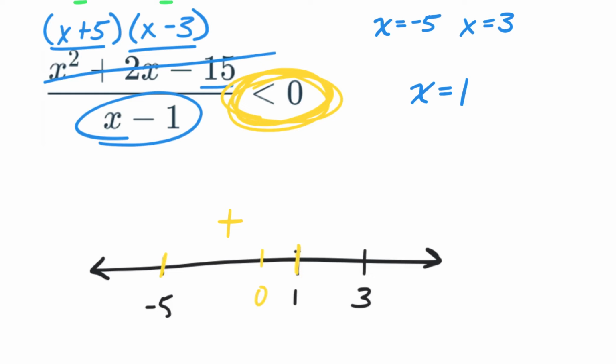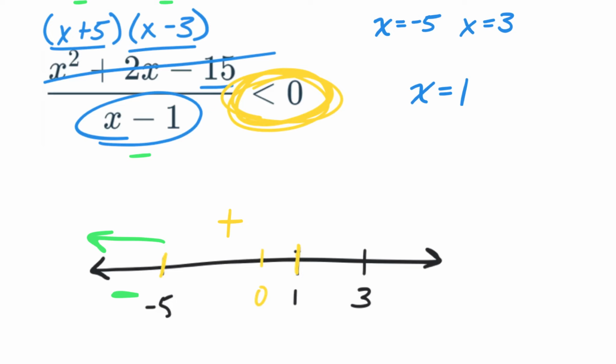And -10 minus 1 is going to give me another negative number. So we have a negative times a negative, which is positive, divided by a negative would turn it back to negative. So a value less than -5 was less than 0.